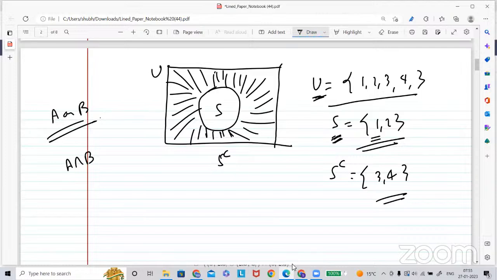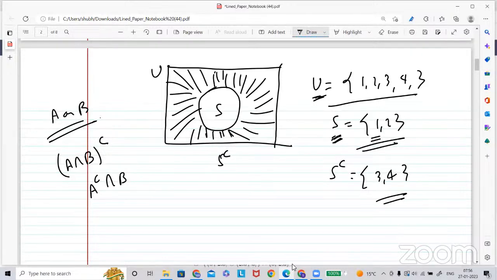What is the question, taking the complement of A?